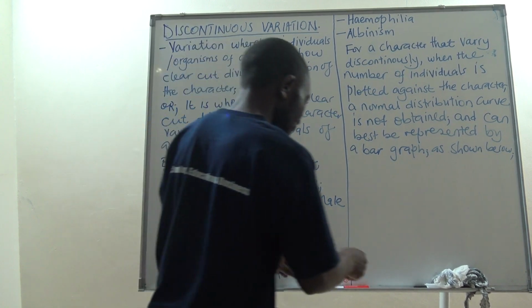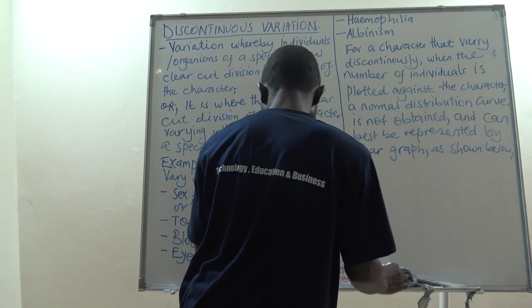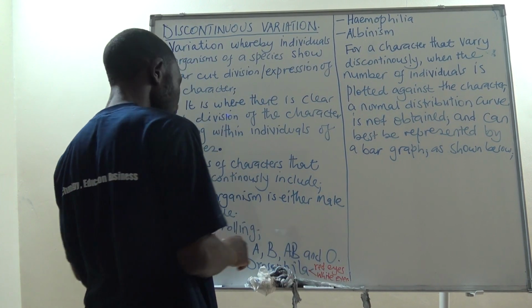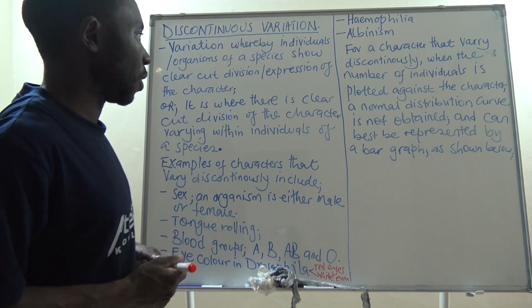So what happens here? For a character varying discontinuously, it can best be represented using a bar graph as shown on the board.